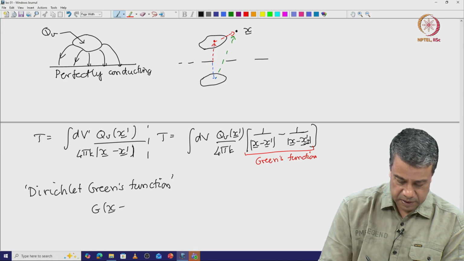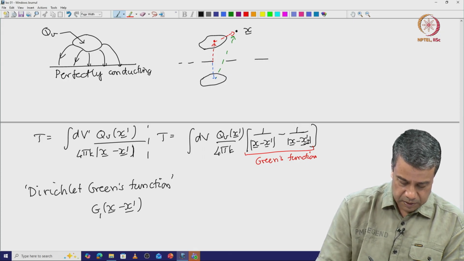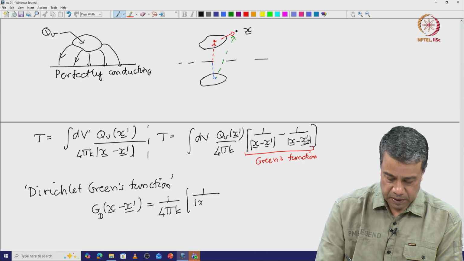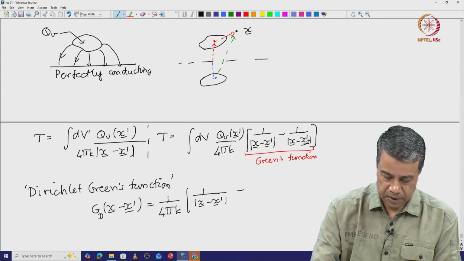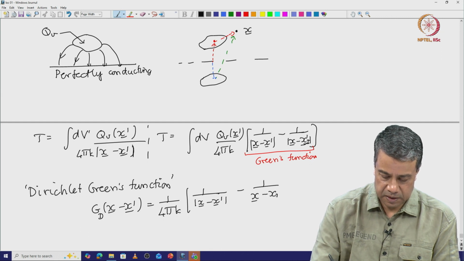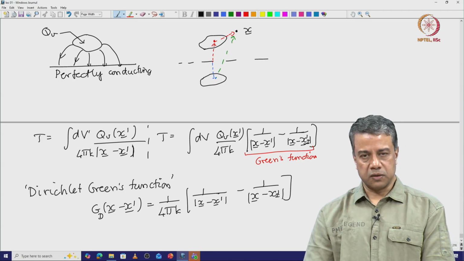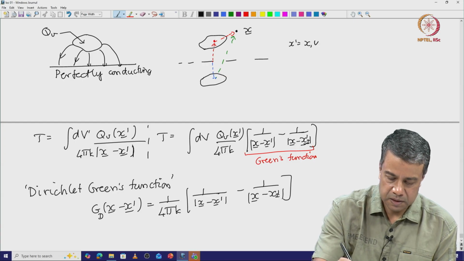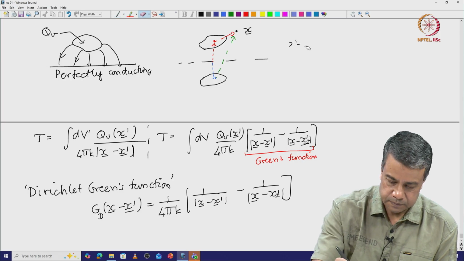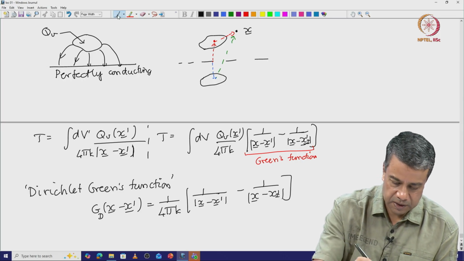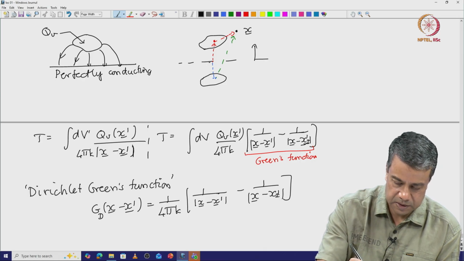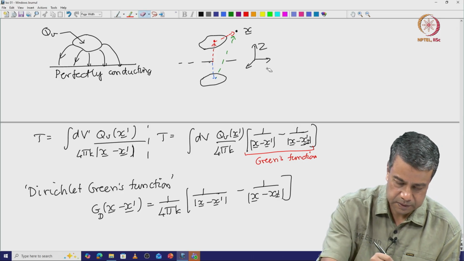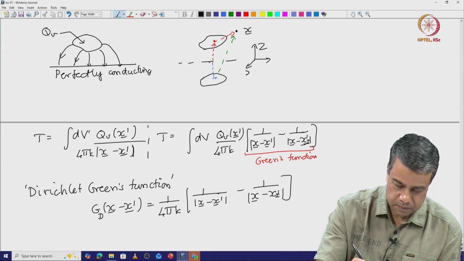G of x minus x prime, called the Dirichlet Green's function, is equal to 1 over 4 pi k times 1 over |x minus x prime| minus 1 over |x minus x image prime|. So, knowing the location of the source x prime, let us say I have a coordinate system where z is equal to 0 on the plane, and the plane is in the x-y direction.